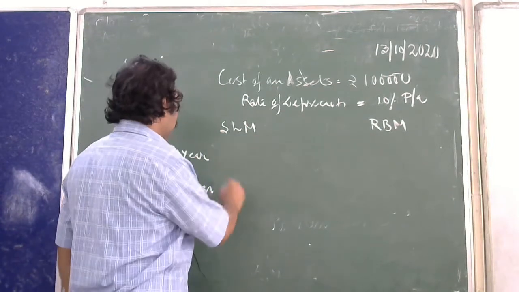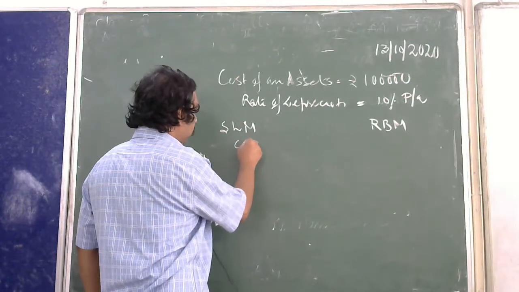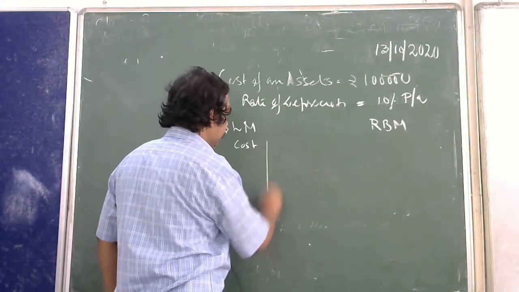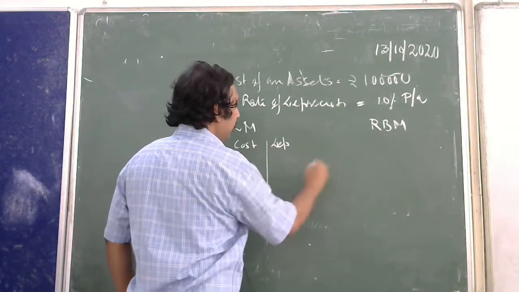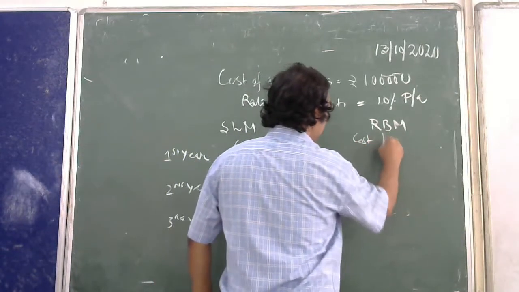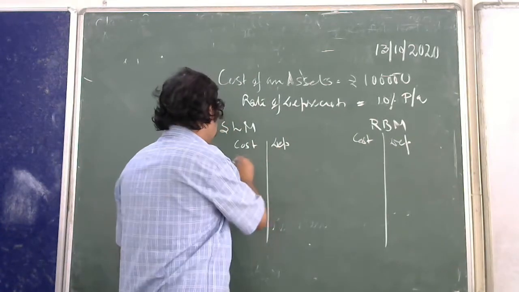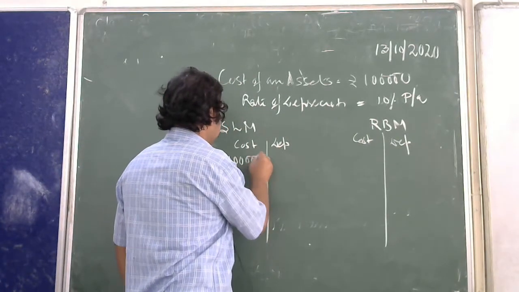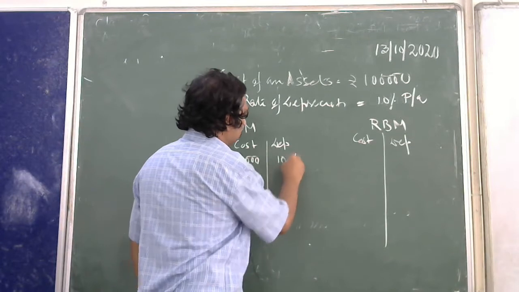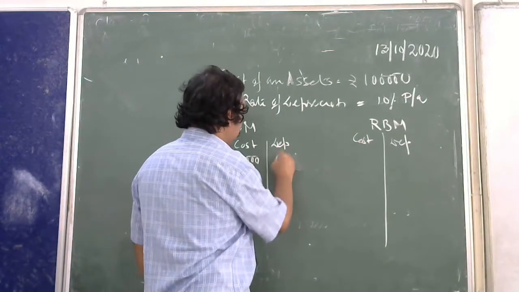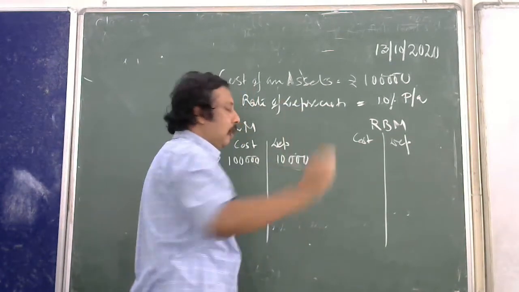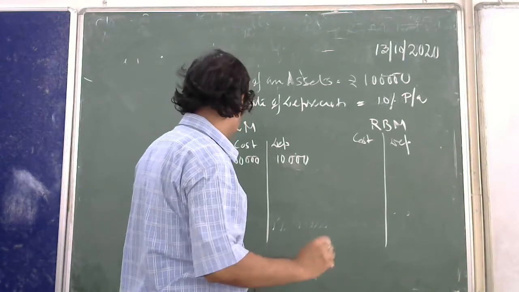See, here the cost of the assets and the amount of depreciation. The first year the cost was how much? 1 lakh. Rate is 10% per annum. Therefore, the amount of depreciation is 10,000.